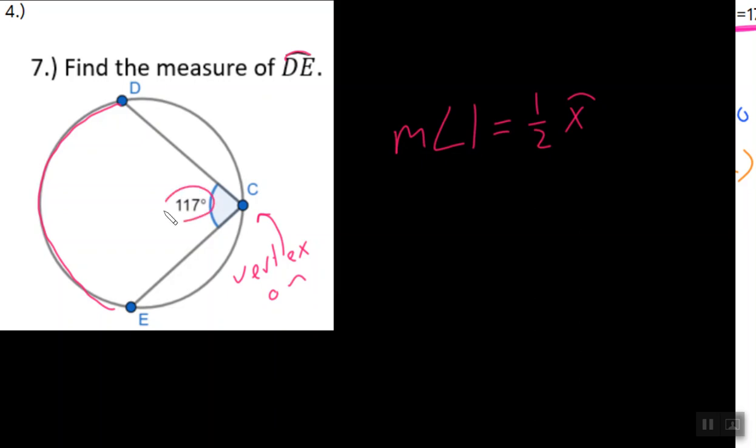Now ask yourself, what is the 117? Well, when it's at the vertex, it must be the angle. So we have 117 is equal to 1/2 arc x. Now I will go a little bit further on this one just because I want to remind you of our trick. Remember, when getting rid of 1/2, all we have to do is multiply both sides times 2, and that will give us our final answer. Alright, I'll leave y'all to finish this problem. Let's move on.